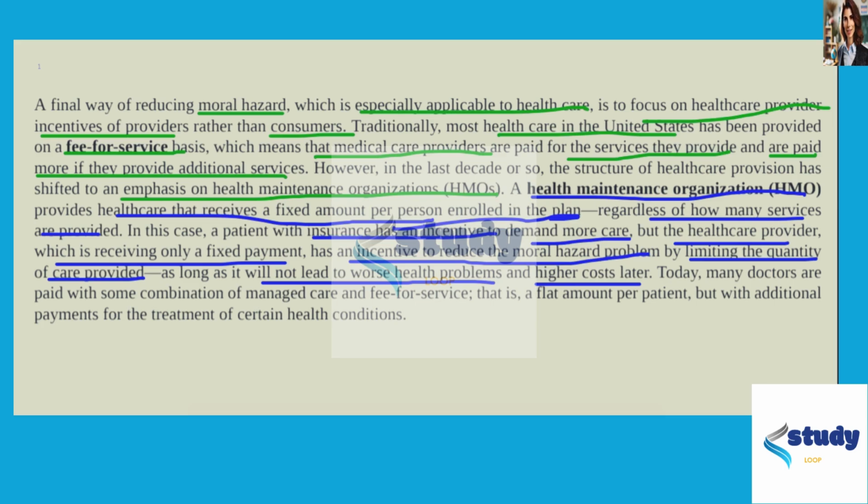So fee-for-service is 100% based on services that healthcare providers actually provide, whereas HMOs are not at all based off of how many services are provided, but rather a fixed amount per person enrolled in the healthcare plan. So that is the key difference between a fee-for-service and a health maintenance organization, or HMO.